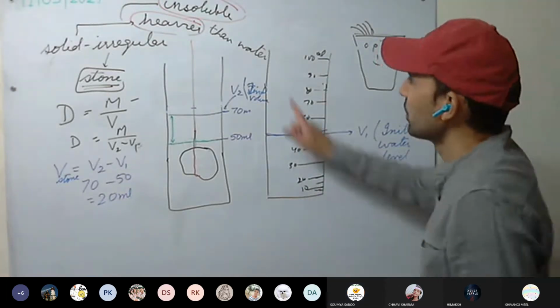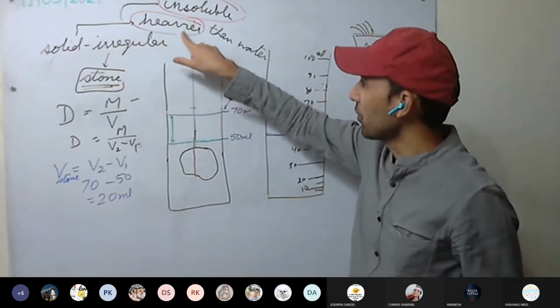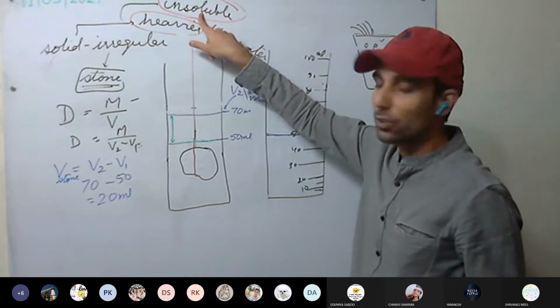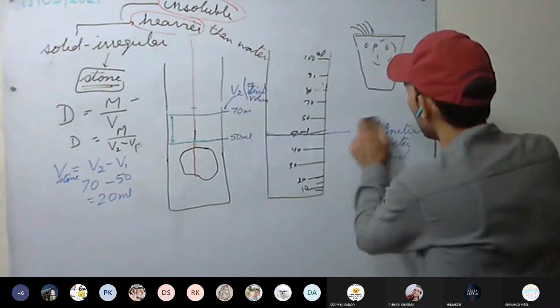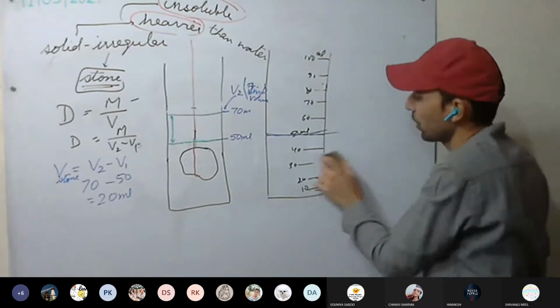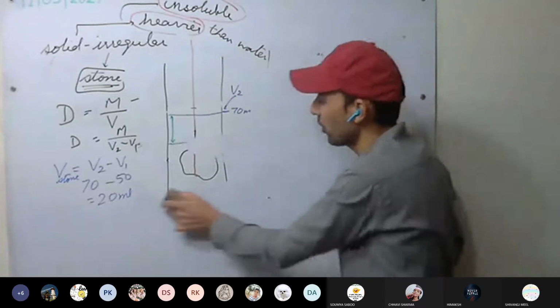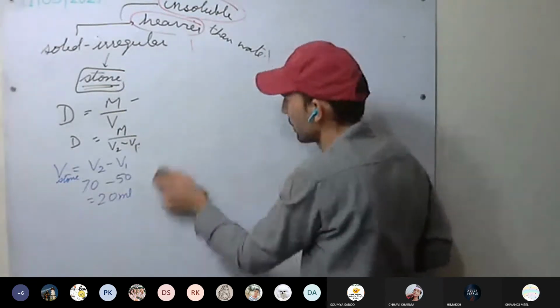So till now we have discussed a solid object heavier than water, insoluble in water. If that solid is soluble, we use some liquid in which it is insoluble. Now there is one more method to measure the volume of the solid. Either we use the measuring cylinder or now we are going to make use of the Eureka can.